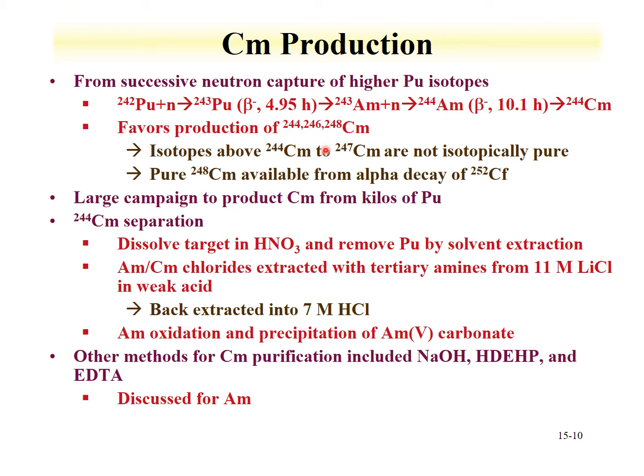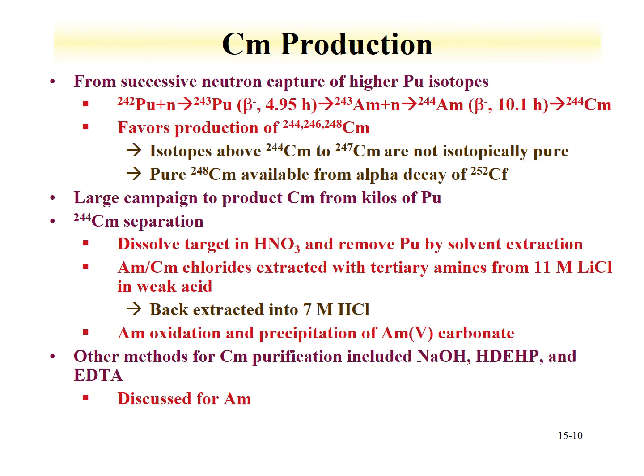The even isotopes are favored in the production, mainly because of the higher fission cross-section for the odd A isotopes. One would see that the curium-248 would have a mixture of isotopes, extremely difficult to separate. However, pure curium-248 can be available from the alpha decay of californium-252.